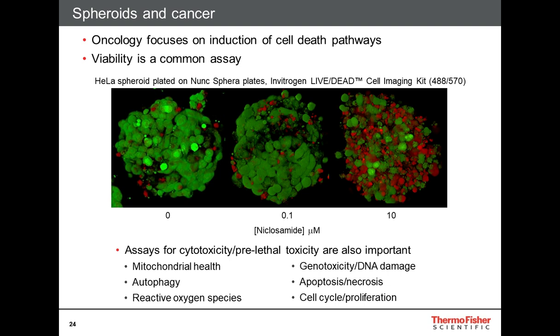So when we're looking at spheroids, a common model is to grow spheroids out of cancer cell lines. And a common readout here is how can we induce cell death pathways. And so a common readout is viability, where here we're showing the Invitrogen live dead cell imaging kit applied to HeLa cells that were grown into spheroids on our Nucleon sphere plates and treated with different doses of niclosamide.